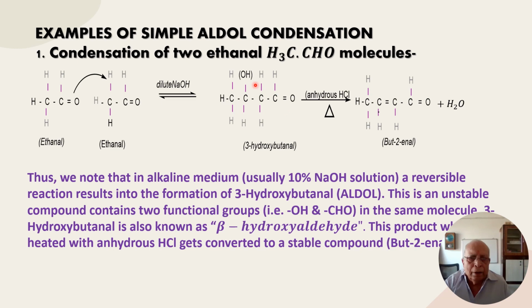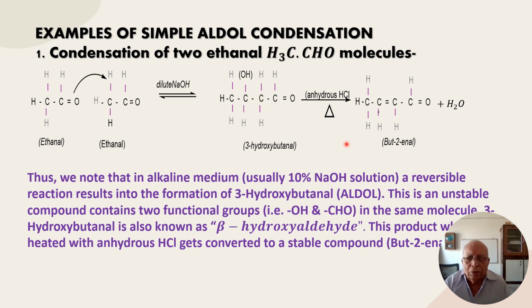Now, as you find here, it contains an aldehyde group and also the hydroxyl group. Therefore, we call it 3-hydroxybutanal. And actually, this is aldol. Now, it is an unstable compound. It doesn't stay longer.